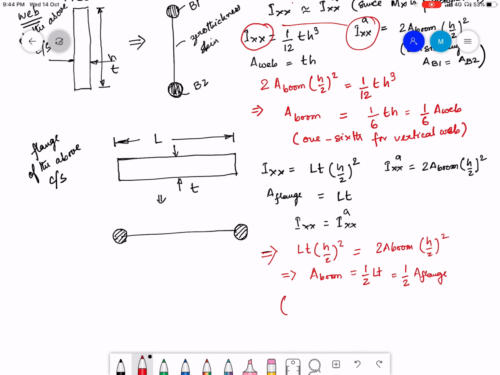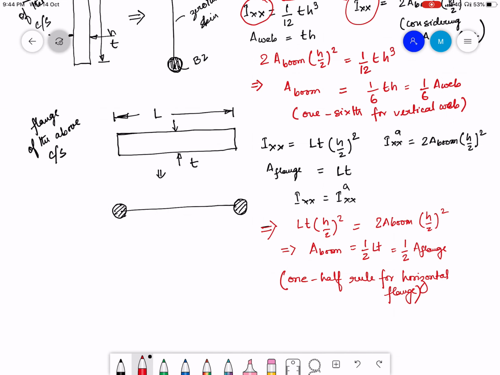So this is called the 1/2 rule for a horizontal flange. This thumb rule is that if I have a horizontal flange and I have to idealize it with two booms, then the area of each of the booms is going to be half of the area of the flange.